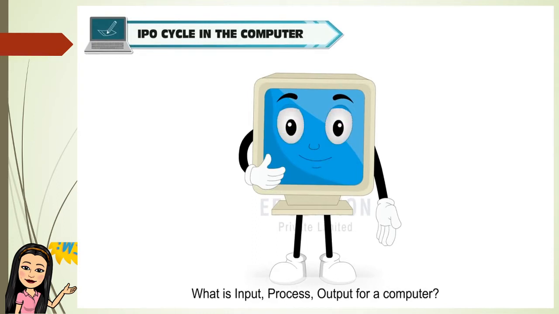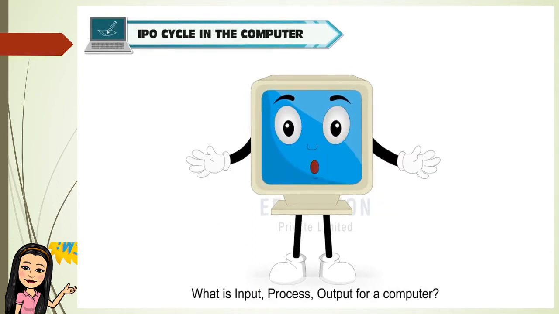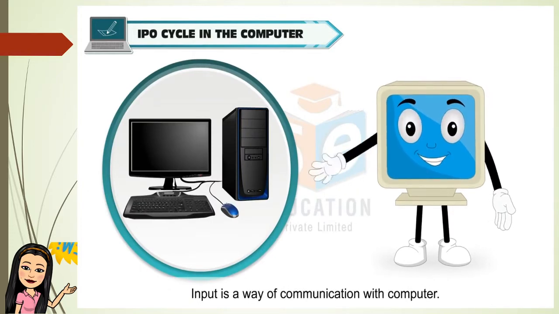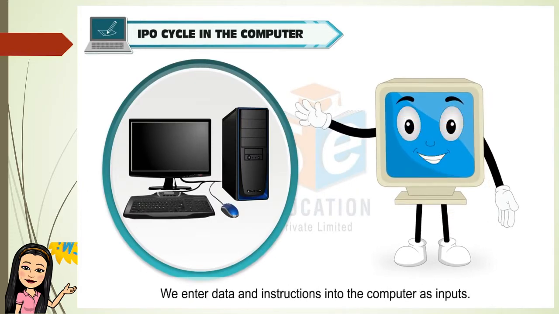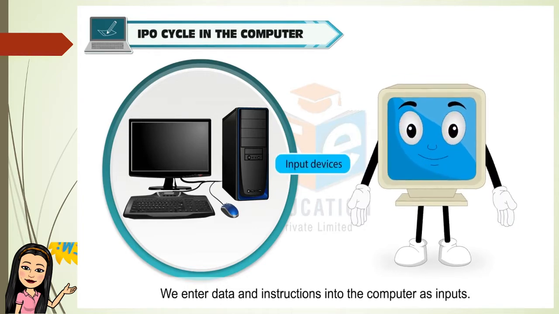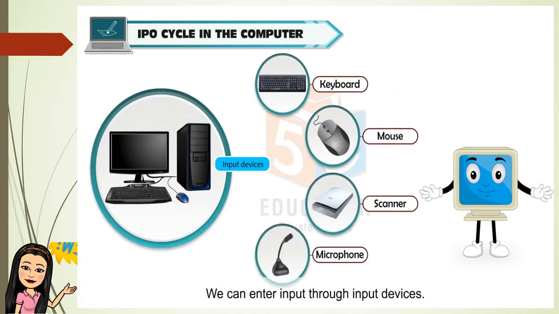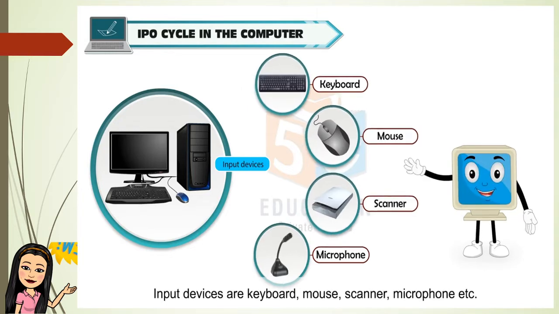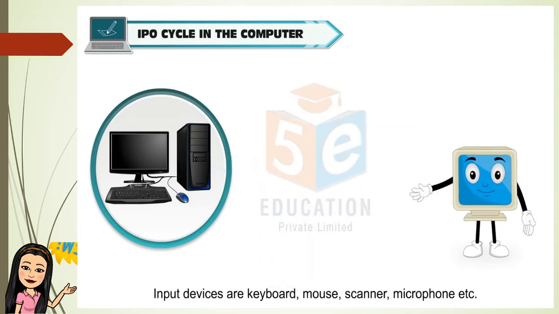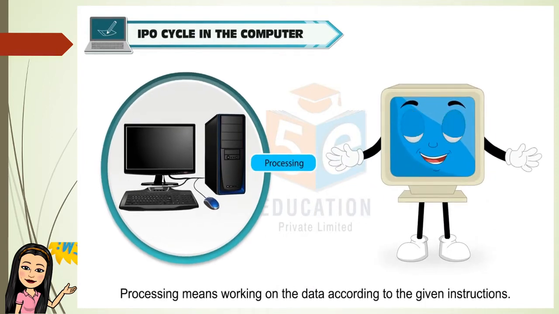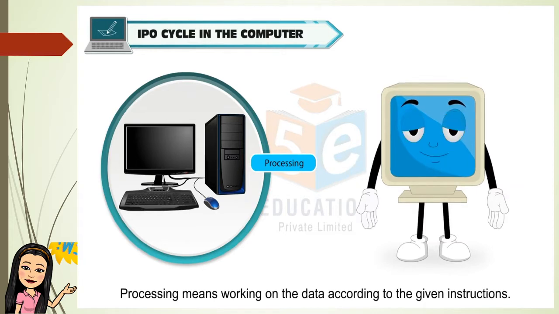What is input process output for a computer? Input is a way of communication with the computer. We enter data and instructions into the computer as inputs. We can enter input through input devices. Input devices are keyboard, mouse, scanner, microphone, etc. Processing means working on the data according to the given instructions.